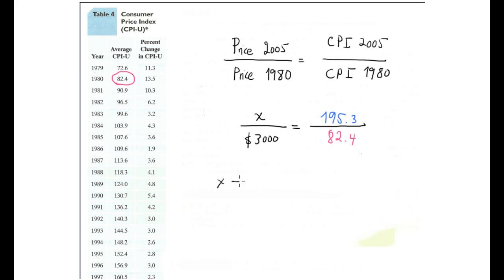In order to find the X value, it is this times this times this divided by this.